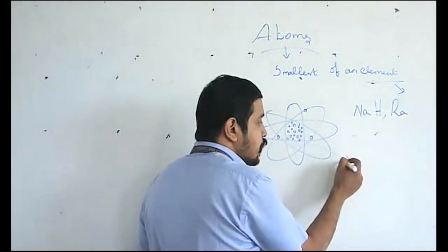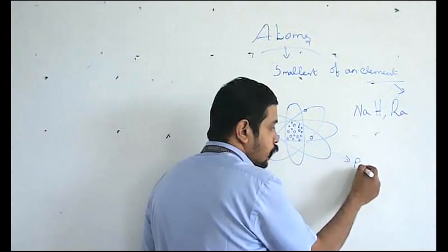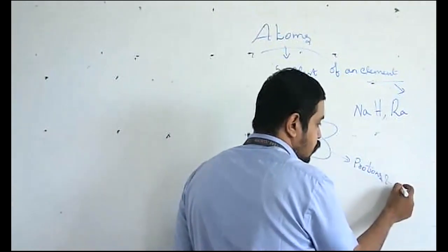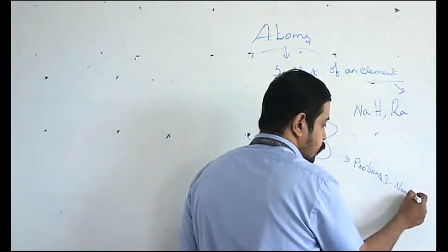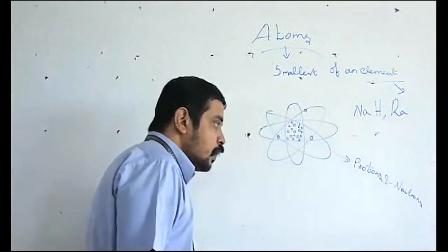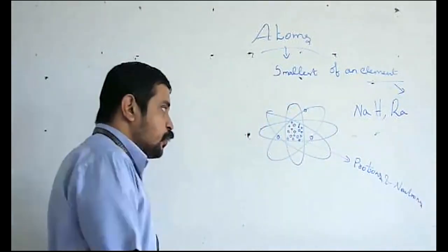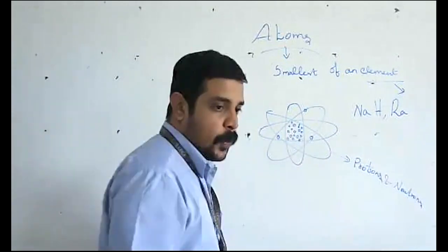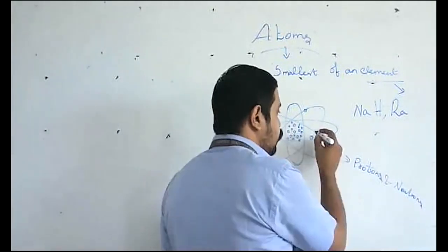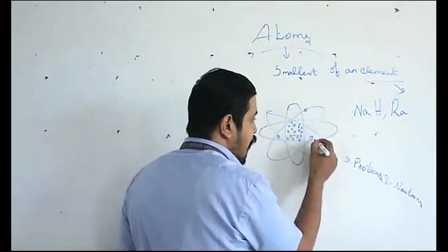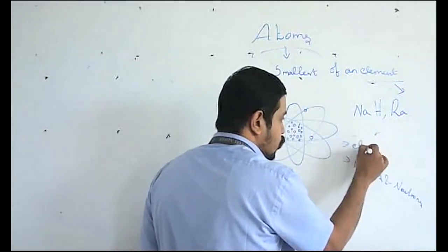This nucleus contains protons and neutrons. And outside the nucleus, around the atom, we have electrons.